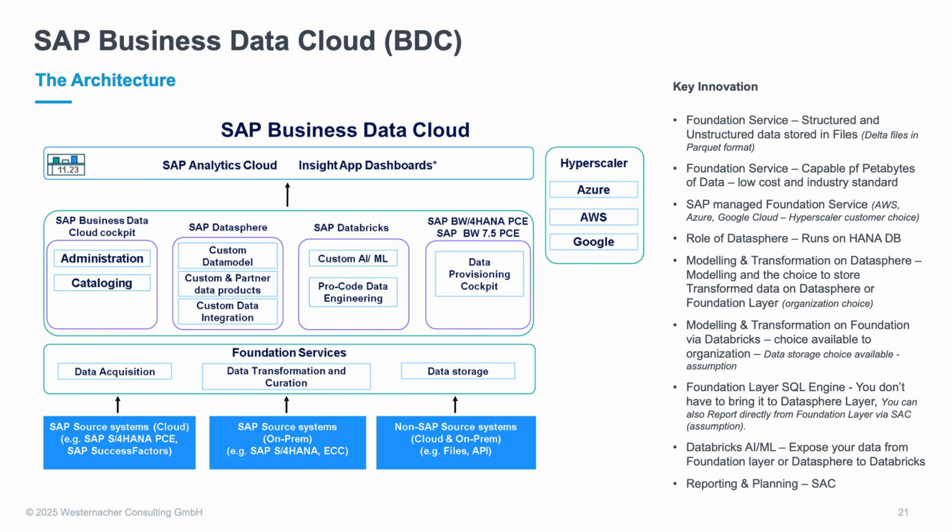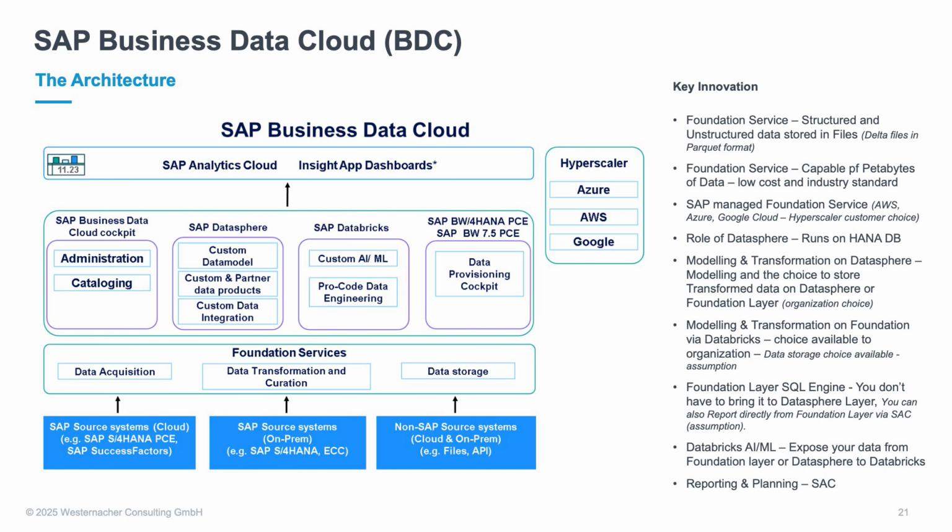Now, my take on the product. The key innovations here: the foundation service, the storage cost and performance, which was a challenging task as far as HANA was concerned, has been resolved. So we have structured and unstructured data stored, basically the foundation service layer.